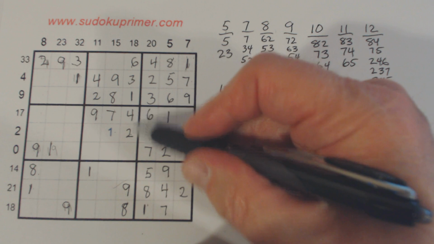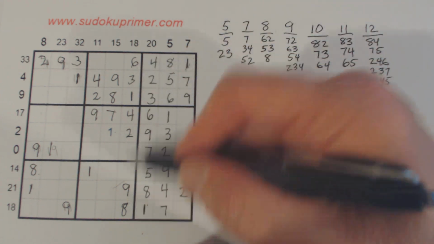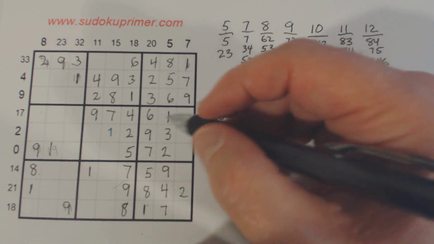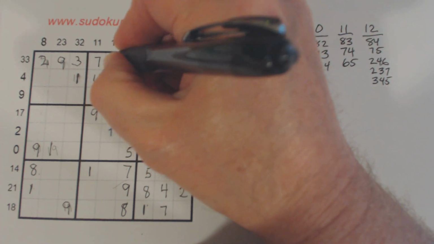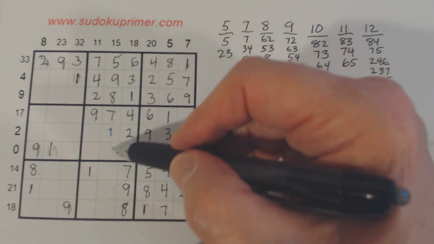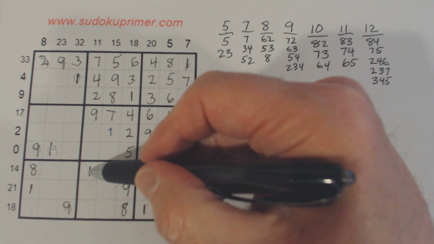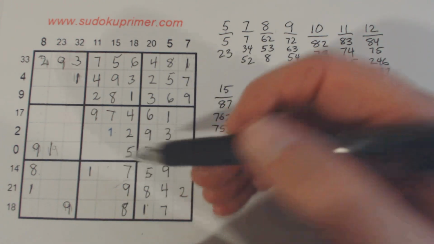Okay, so that'll work. What's left here? 5, 7. So we can fill those in. Then I got a 7, 7 there, so that's a 7, 5. Here we've got 14. 7 and 5 is 12, so that's got to be a 2.